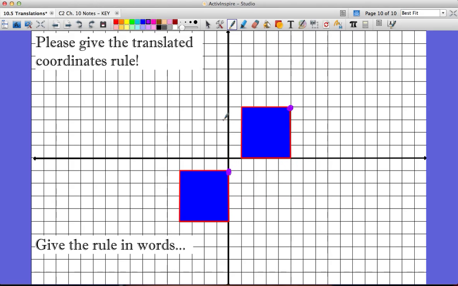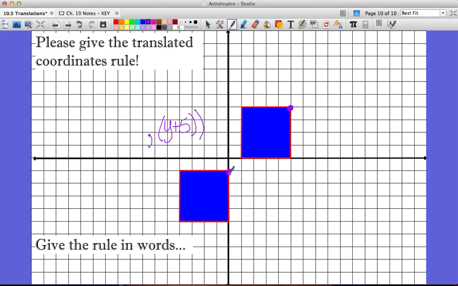So I can either count or do the math. In this case, I'm just going to count. I know I go up 1, 2, 3, 4, 5. So that tells me that my y is adding 5. Okay, so whatever my y is, I'm adding 5 to it to move it up.